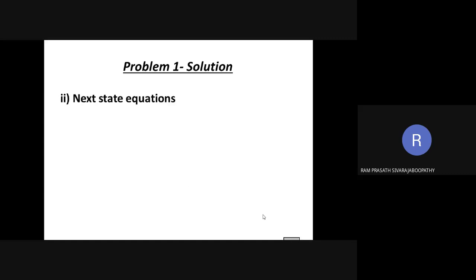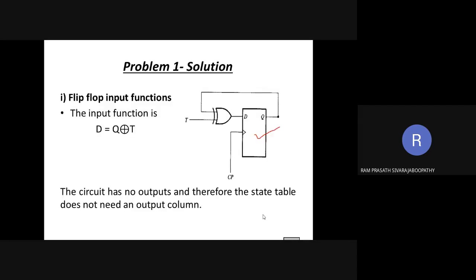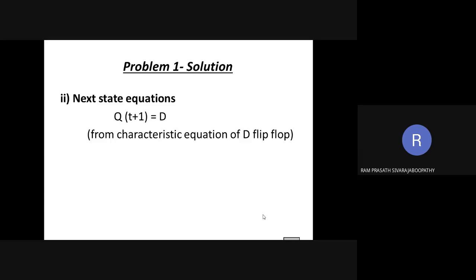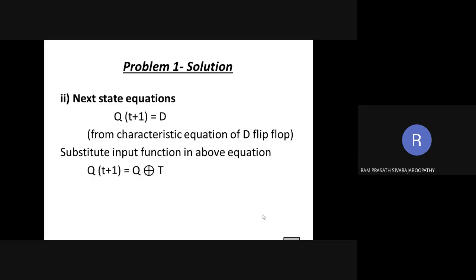So next step, characteristic equation of D flip flop: Q of T plus 1 equal to D. Already we have stated what is D. D என்ன போன step la கண்டுபிடிச்சு வெச்சிருக்கோம் இல்லையா, Q XOR T. We can substitute the input function in the above equation. So D equal to Q XOR T, substitute பண்ணியாச்சு. That's all.